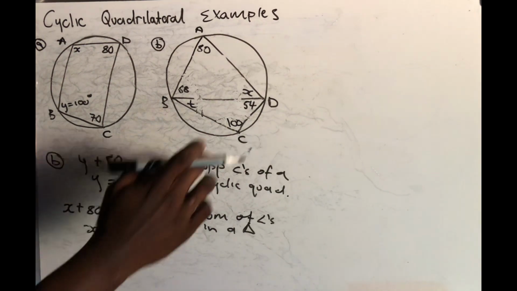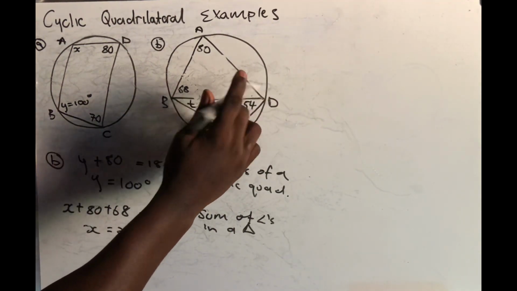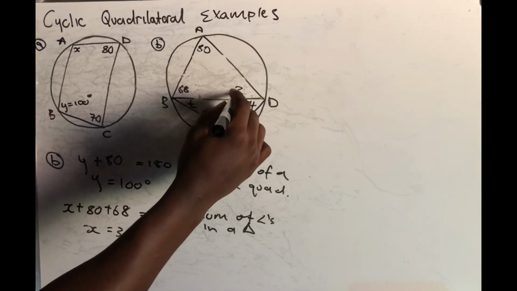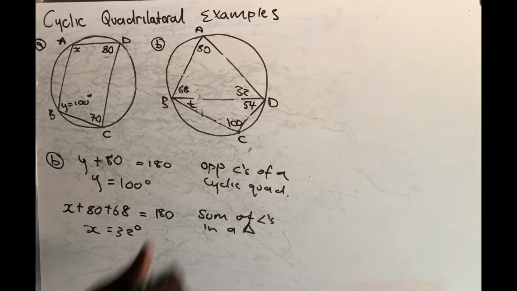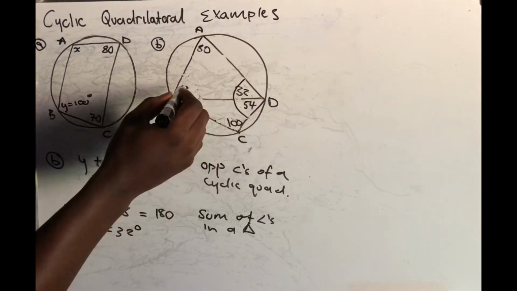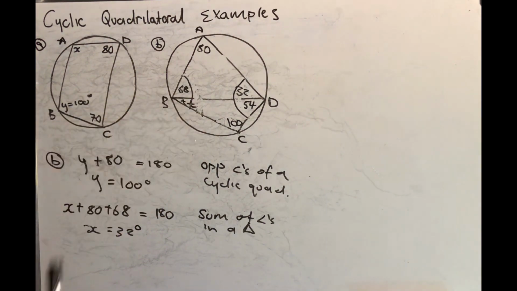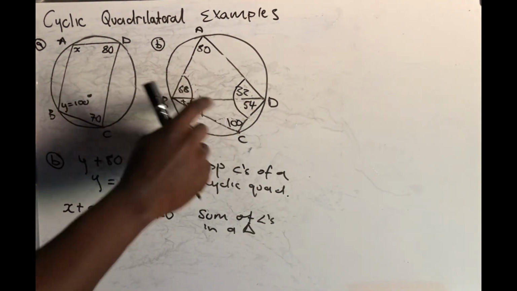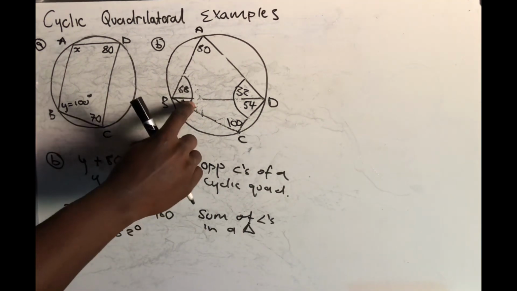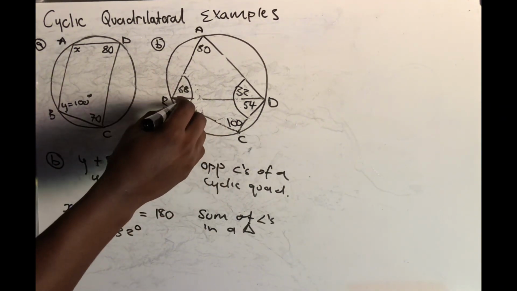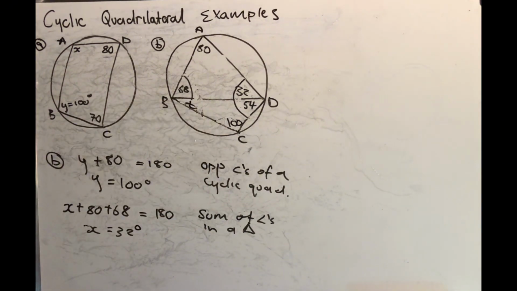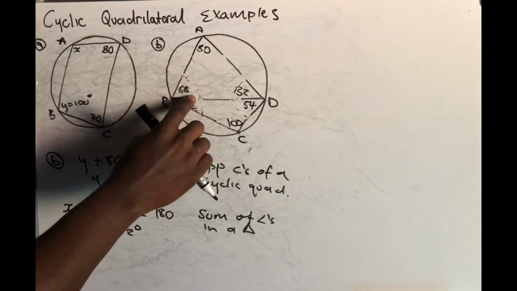Or another thing that you can do, since you know here that it's 32, you can add this together with this so that they give you 180, opposite angles of a cyclic quad, and then you solve for t. But now let's do it the easier way.